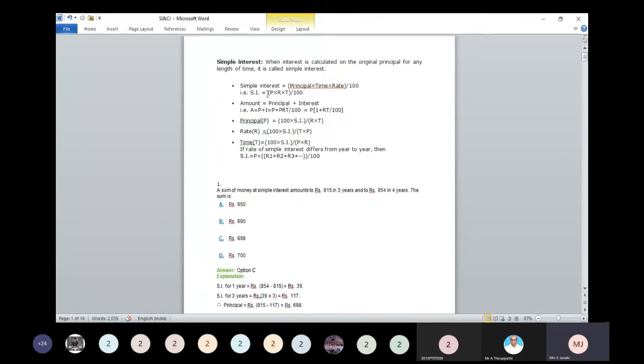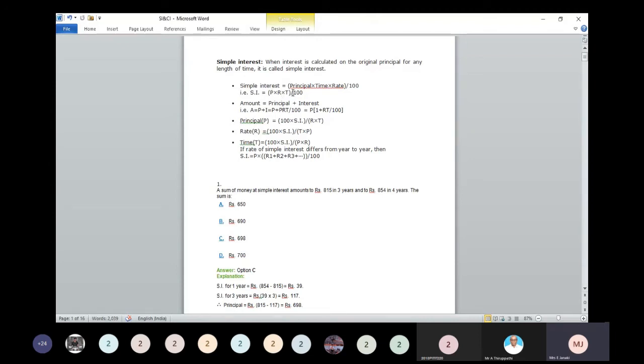From this formula, you know that simple interest is equal to PRT divided by 100, no? To calculate simple interest, what are the things we need? P, R, T. Suppose you know simple interest, rate of interest and time, using this result you can find the principal value or rate of interest value or T value.